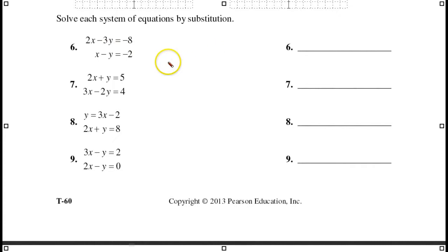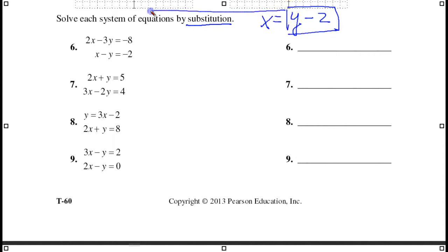So as we look at number 6, and they're asking us to solve it by substitution, how do we use substitution here? Well, we had said you solve for one of the letters. We say x, we're going to transpose the y to the other side, and we get a positive y now, minus 2. So there's our value of x.